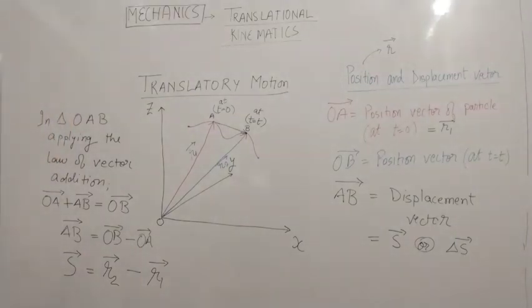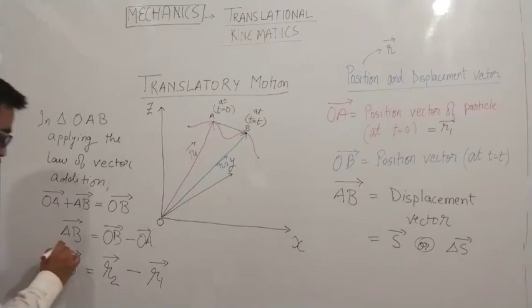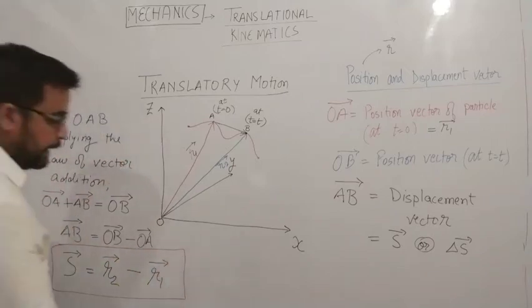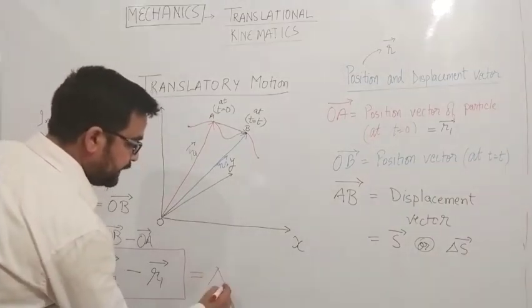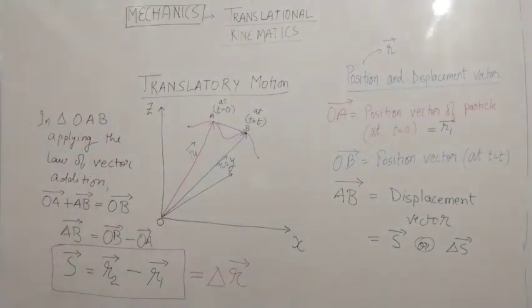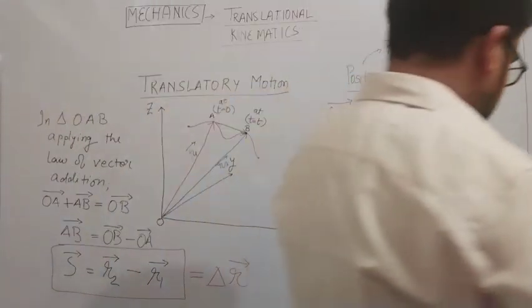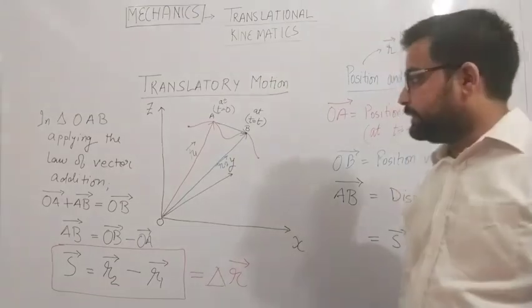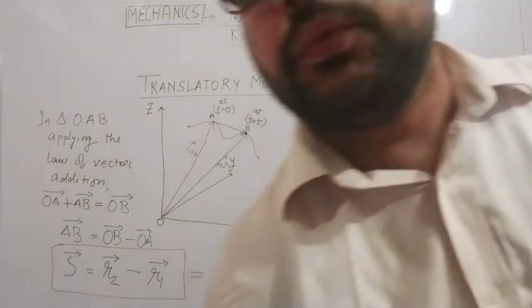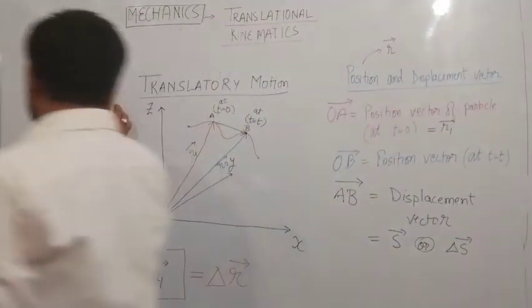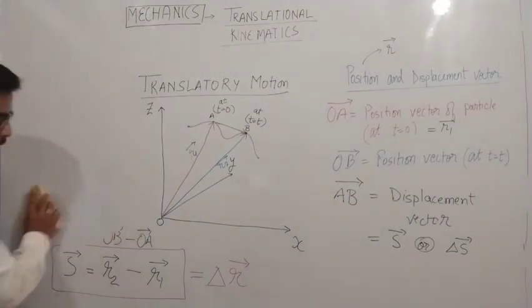So within a given time t, the displacement will be equal to final position vector minus initial position vector, and that's why it is also represented as delta r. So I think it's clear what the relation is between S and r, that is, displacement vector and position vector.